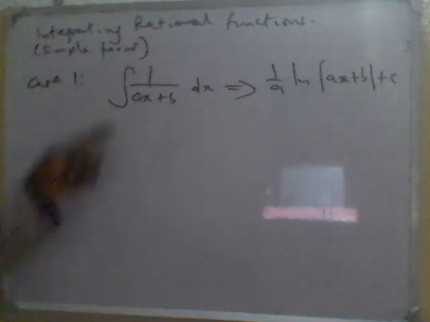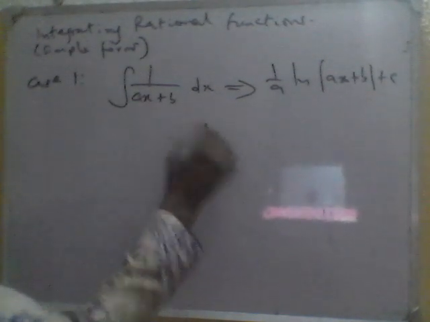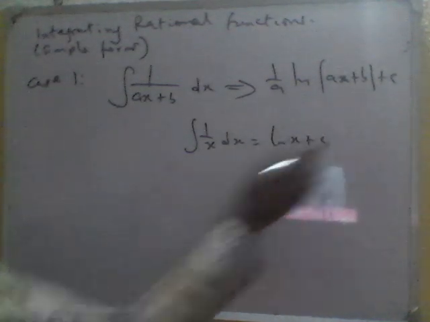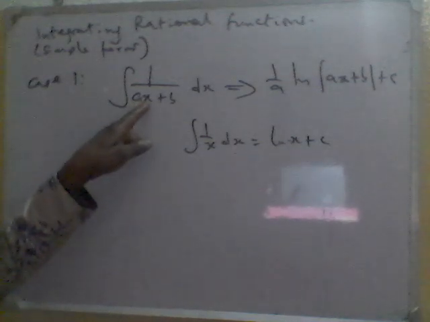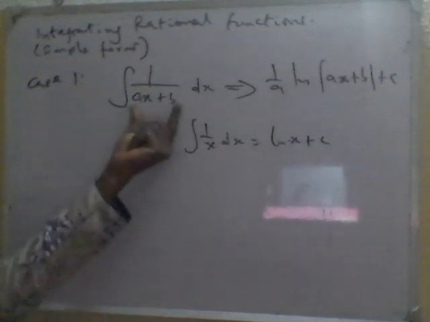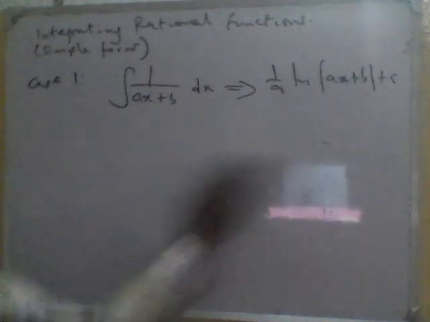Remember I said that for 1 over x, the integral is ln x plus c, right? So we are using that in this same form, but just that the coefficient before the x is brought out as 1 over a, but still ln whatever we have as denominator, then plus c. So this is a standard integral for this particular case.